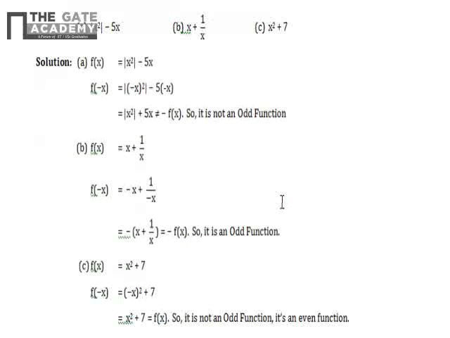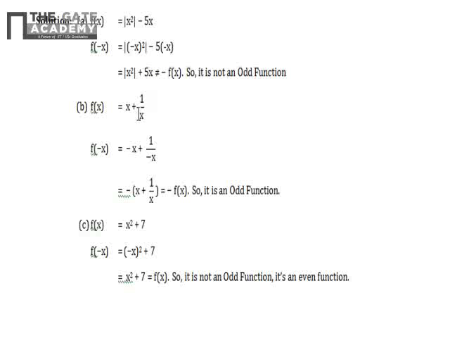That means it is not an odd function. Next is x plus 1 by x. If I replace x by minus x, then I'll get minus of f(x). That means this is an odd function. Now the last is similar to our previous example. This is an even function because x square is in the function.